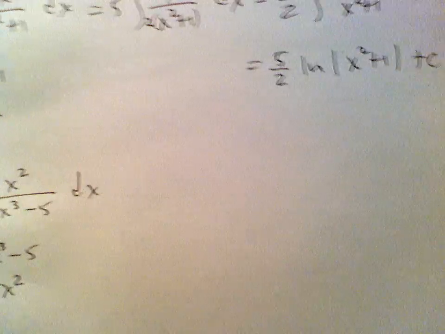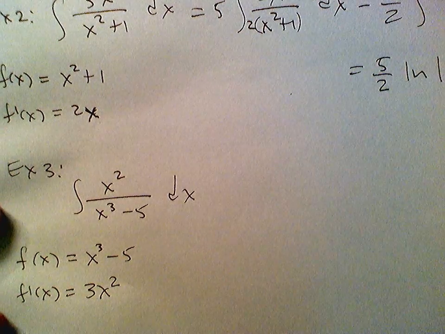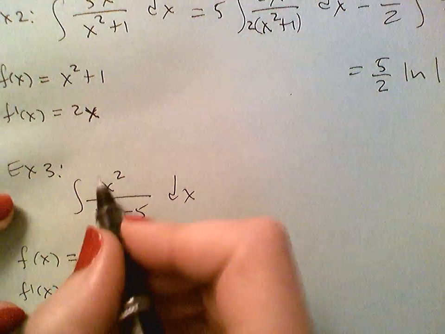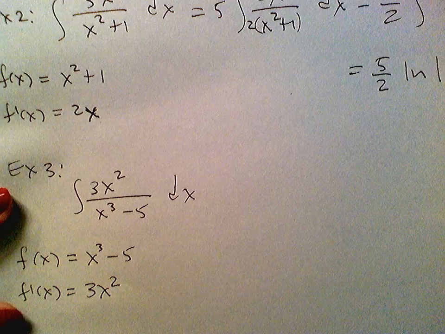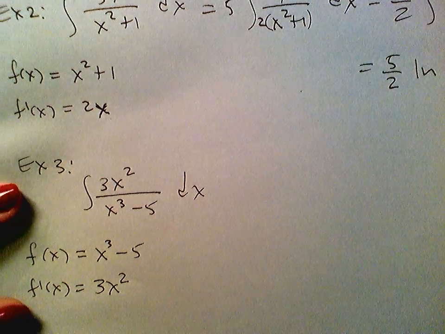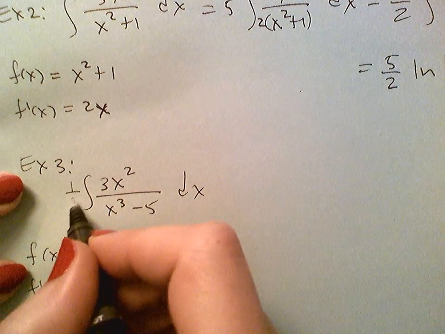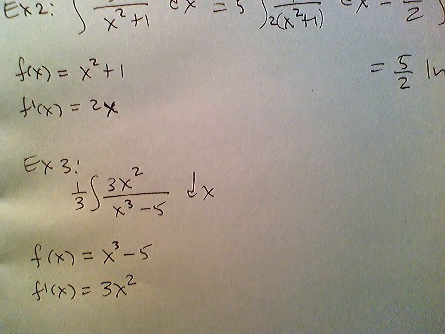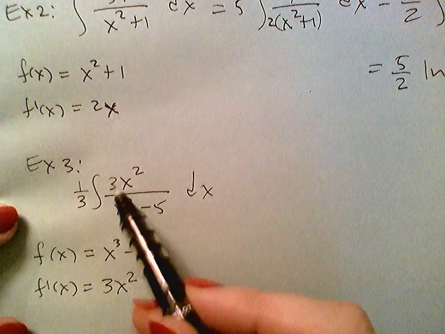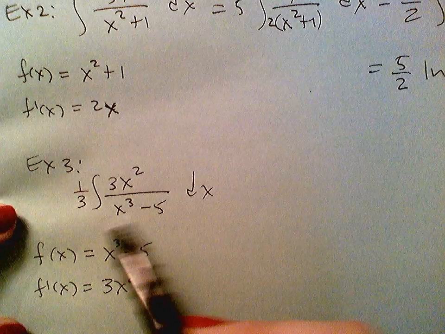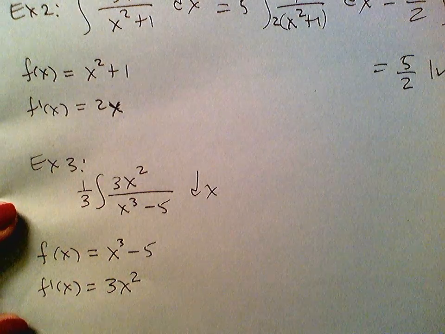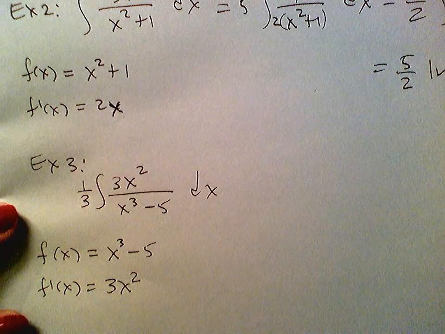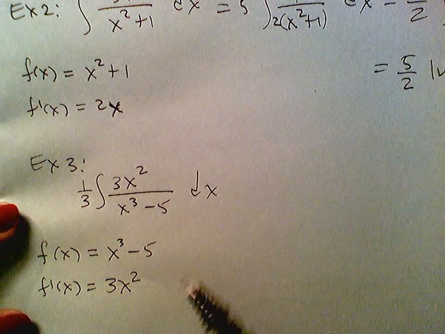I'm going to force this coefficient to be a 3, and then I'm going to balance it out by putting a 1/3 out front. If that doesn't make sense to you, then you go 3 over 3 in here, but make sure you have parentheses there, and then bring the 1/3 out front. But I'm going to do it like that. So now I've got it.